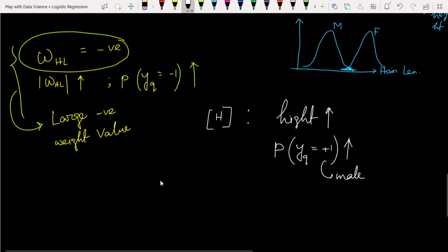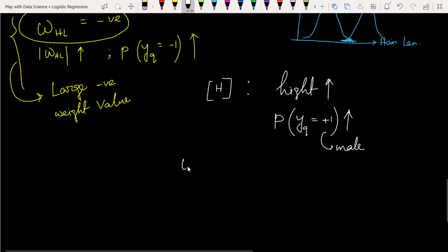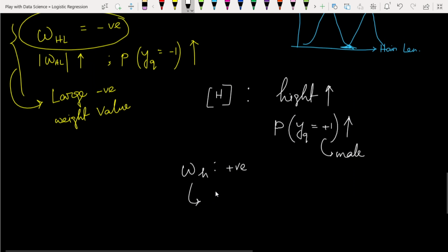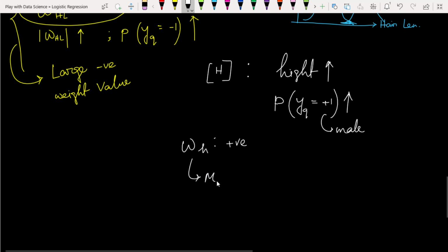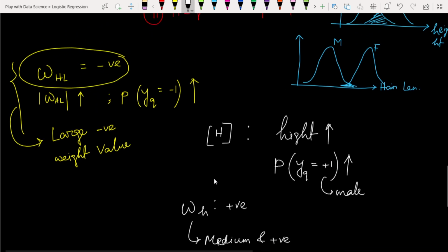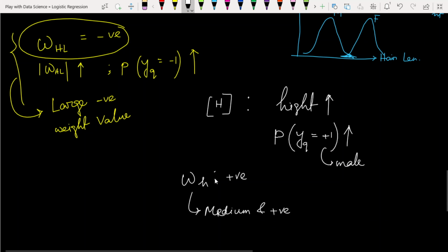So in this case, the weight vector of the height will be positive, but it is not large. It will be medium and positive. But why is it medium and positive?